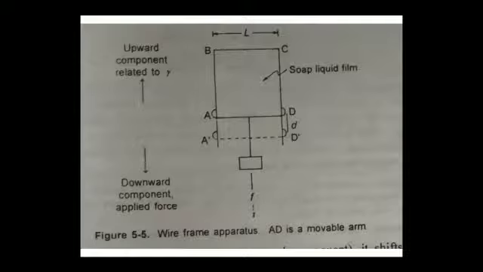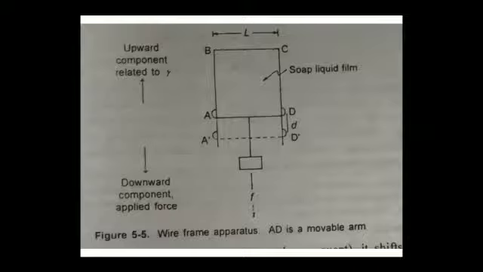The side AD has length L and is movable. A drop of solution, like soap solution, placed on the frame will form a thin layer around the frame.